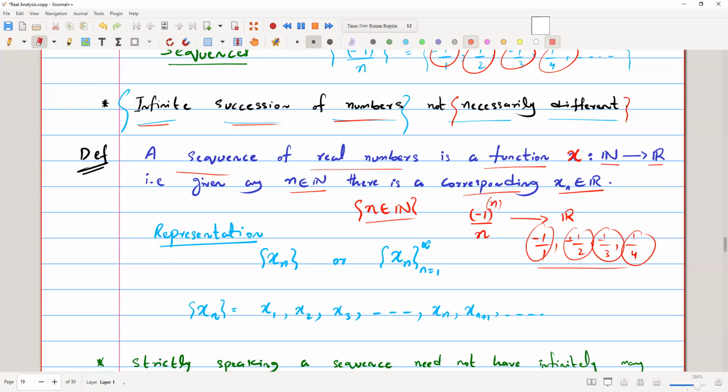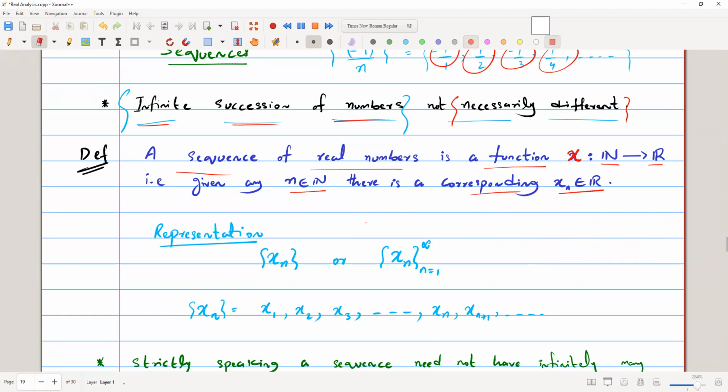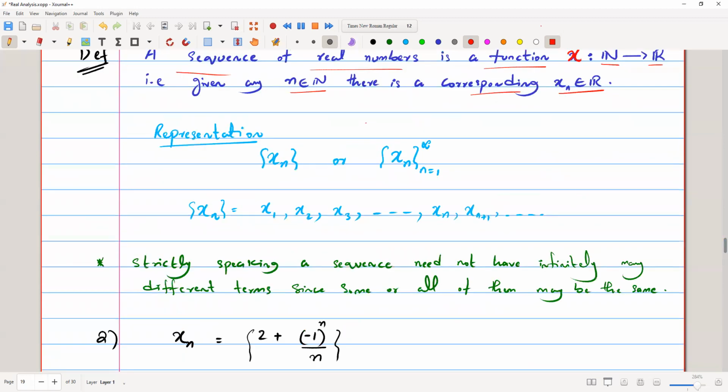So that's the exact and actual definition of a sequence, that it is a function that maps natural numbers to real numbers. And we represent this sequence by x_n in curly brackets, or occasionally we can write it this way as well, {x_n} with n equals 1 to infinity.